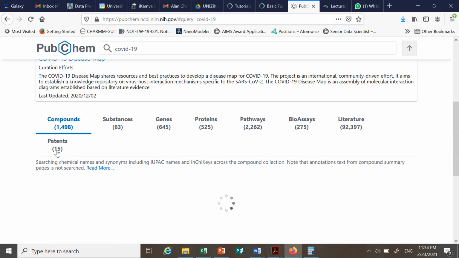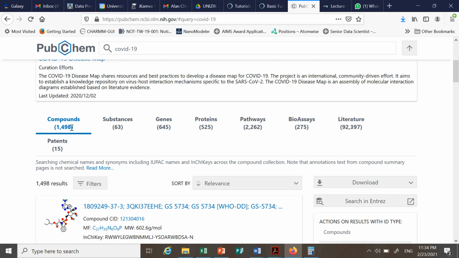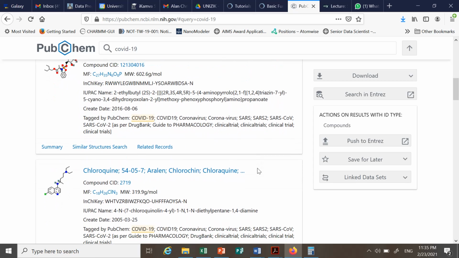Okay, it's telling me there are 8,498 compounds related to that condition, and there are about 15 patents. 63 of them are substances, 645 are genes, proteins. So it does contain proteins, linked to others, linked to pathways, the bioassays, and of course, literature from which these things emerged.